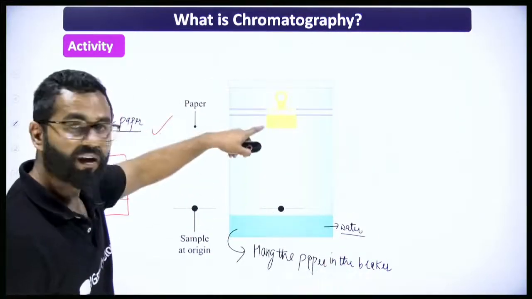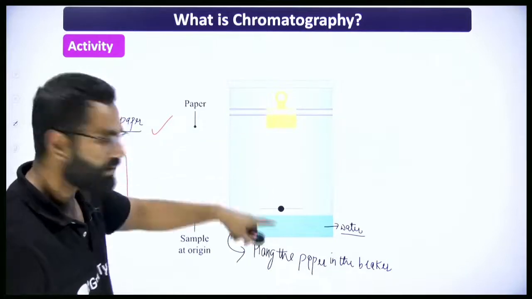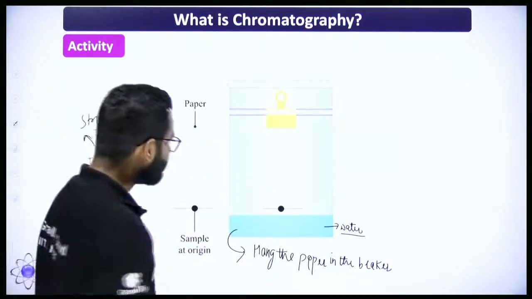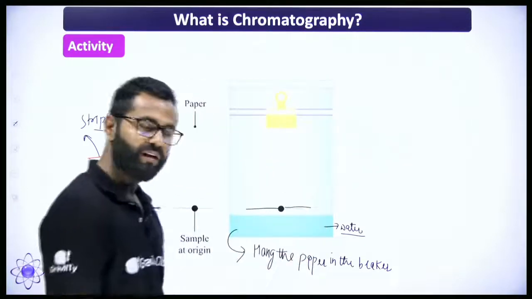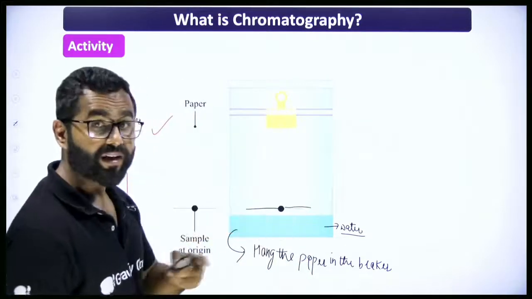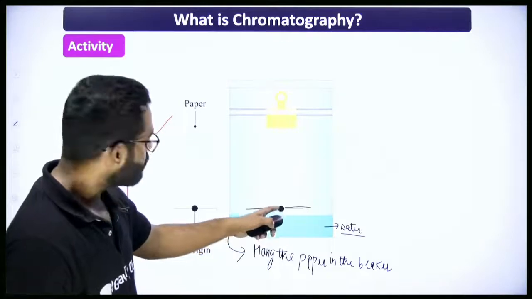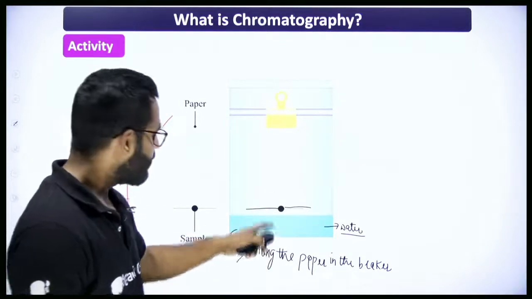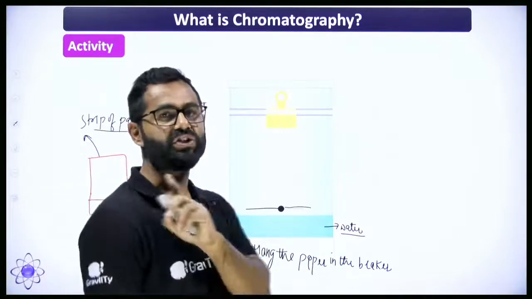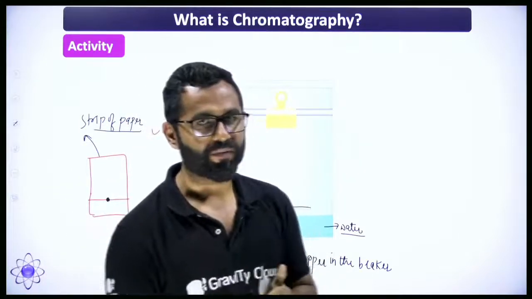So I have hung the paper in such a way that this dark line is just above the level of water. This black ink dot should not touch the water. It should be at such a height that it does not touch the water. Understood?